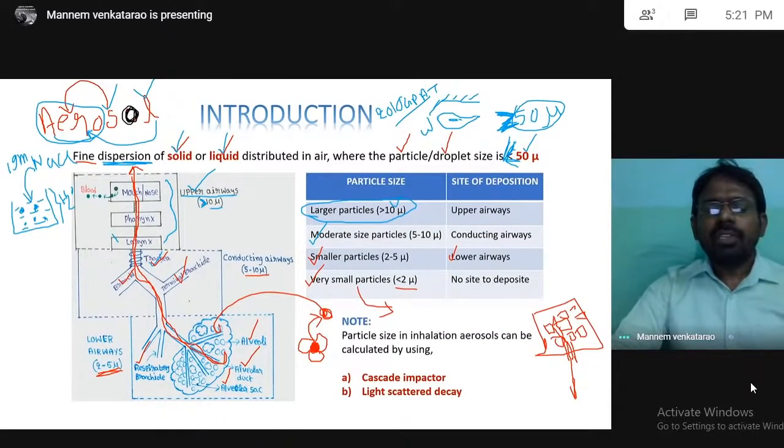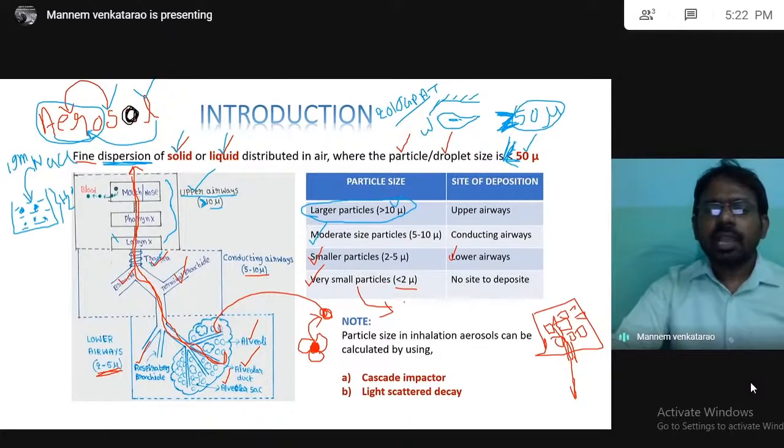So which particle can show activity? That particle always makes friendship with the tissue, not with the air. But this very small particle always enters with the air and exits with the air. That's why it enters with inhaled air and exits with exhaled air.